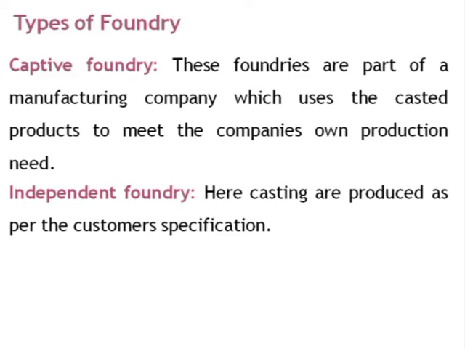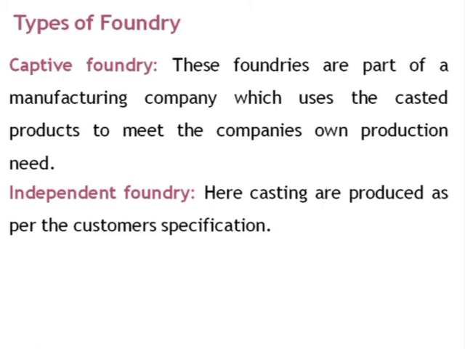Okay, second way is all the components you purchase from any other industry or from the market and just assemble in your unit or in your company and just sell it. What is the difference between the both cases?